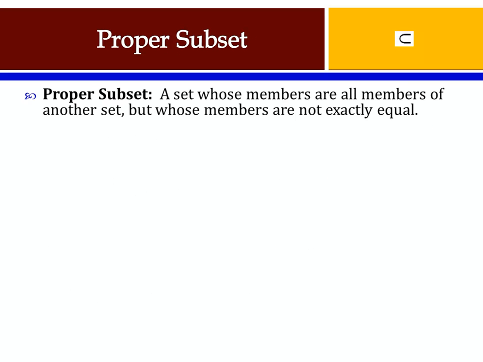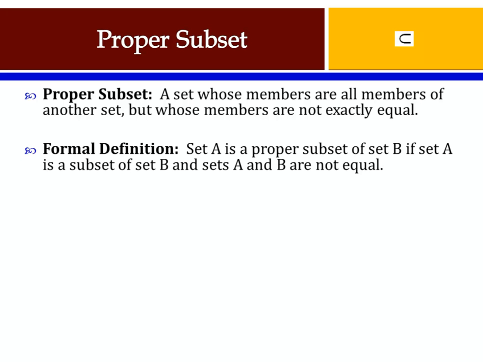Now, there is such a thing as a proper subset. A proper subset is a set whose members are all members of another set, just like a subset, but whose members are not exactly equal. So in this case, when we're talking about proper subsets, we exclude the original set itself.